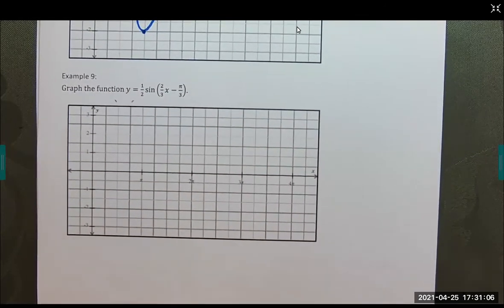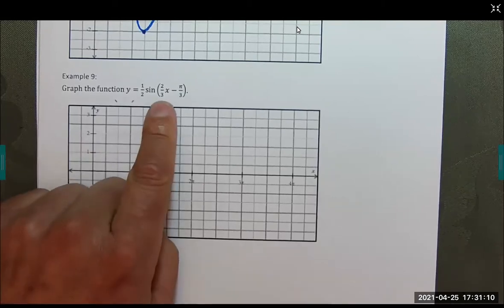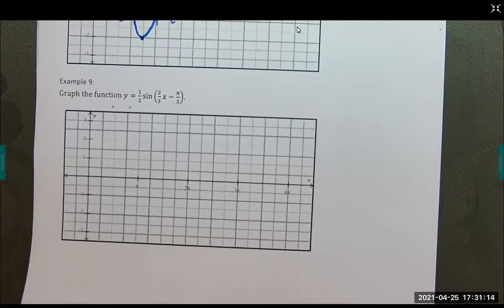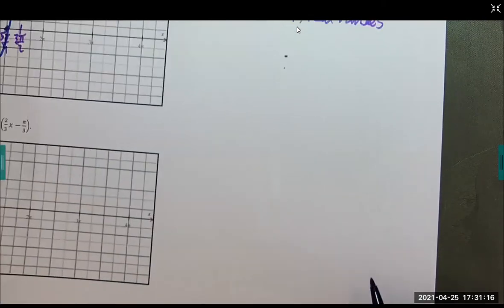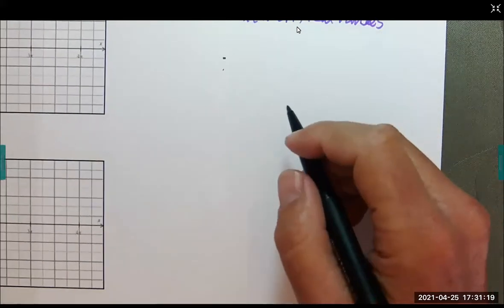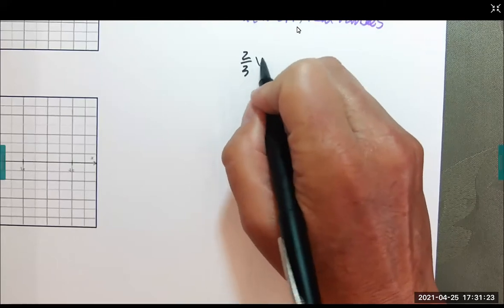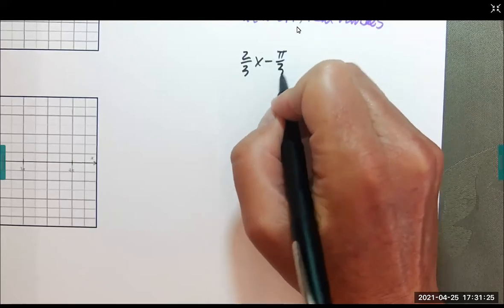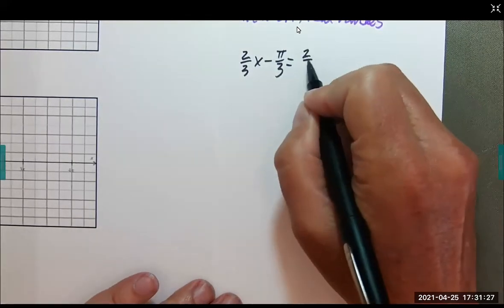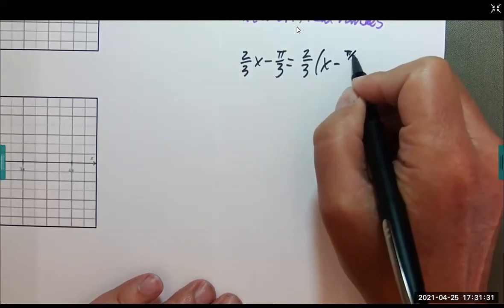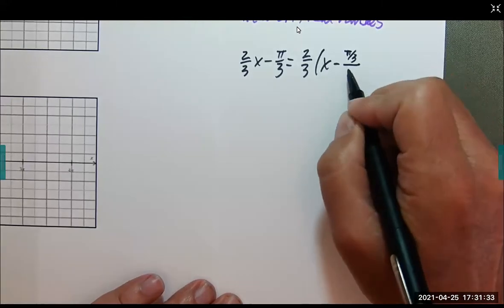So this one's going to be a little messy as well. I need to first of all factor out the 2/3 from this here, so we can see what that's going to look like. I'm going to use my scratch paper again. So 2/3 x minus pi over 3 becomes 2/3 times x minus pi over 3 over 2/3.